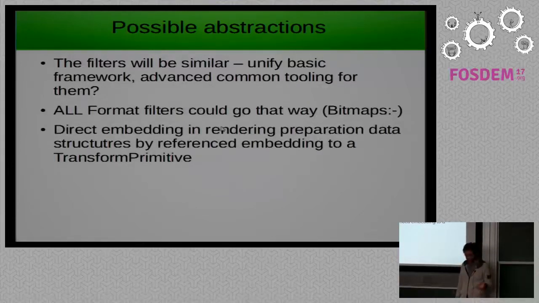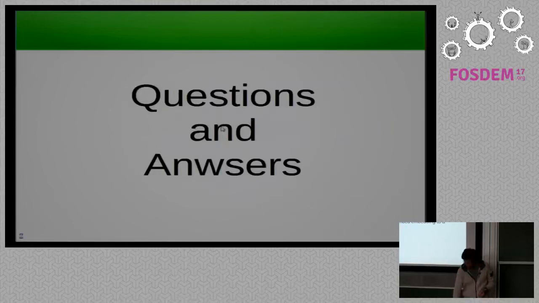So that would be a unified internal format to create and get your data around. So direct embedding in rendering preparation data would be the result, because what you get from the filters is directly what you put into the rendering process of the edit views.